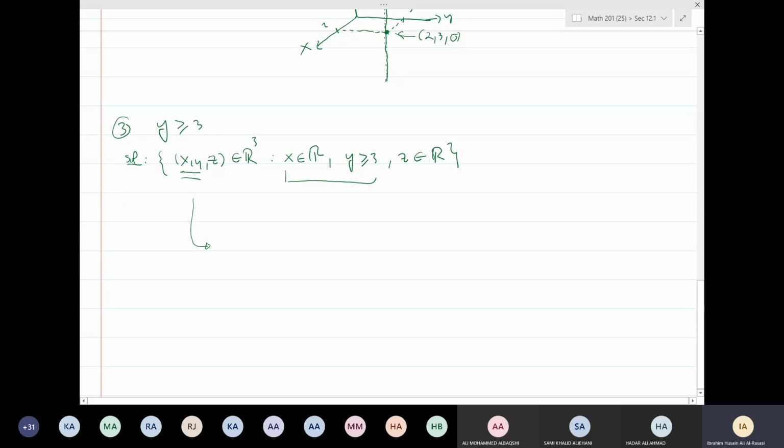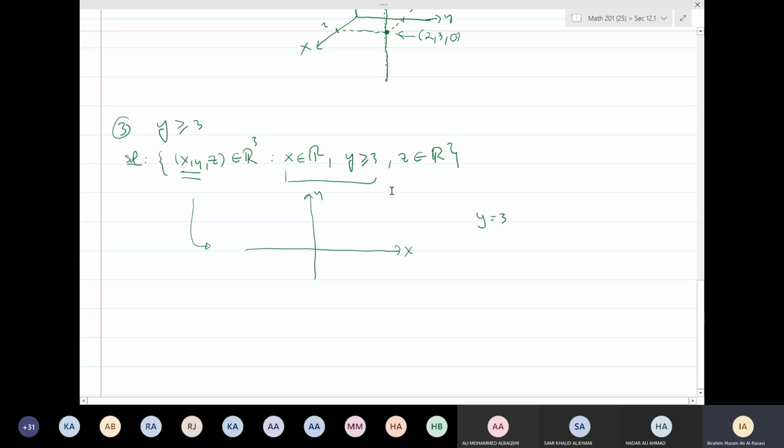I will just do it in the XY plane to see how it looks before I go to space. So this is the X and this is the Y. I need to sketch this in the XY plane. What is the graph here? Y greater than or equal to 3. A horizontal line and after the 3. So you start with Y equals 3.